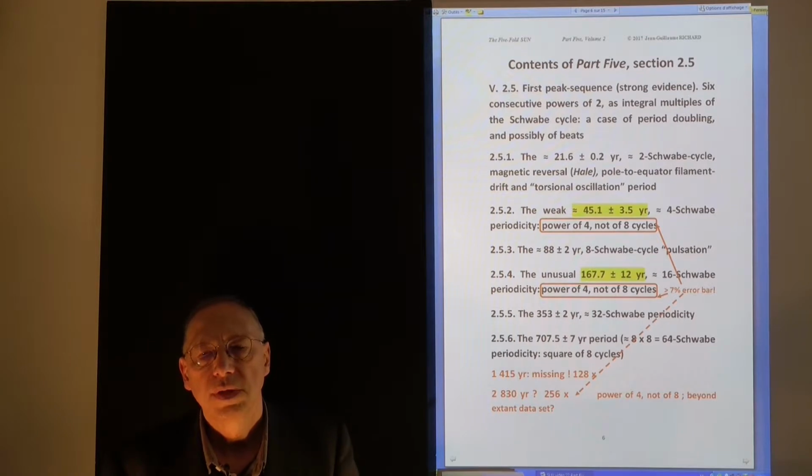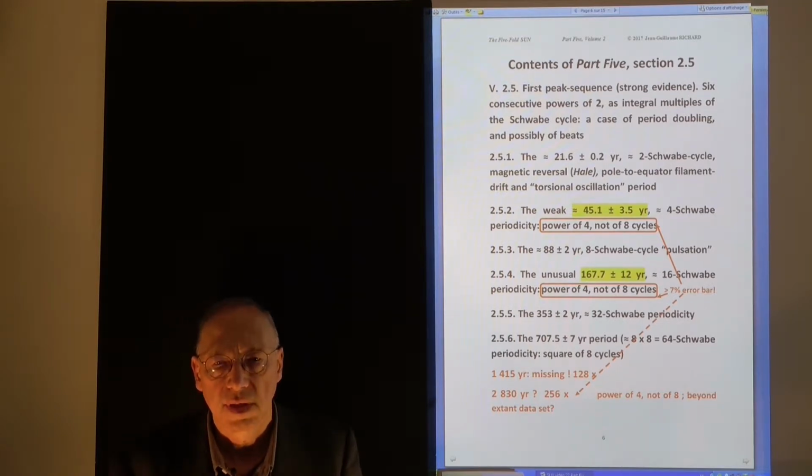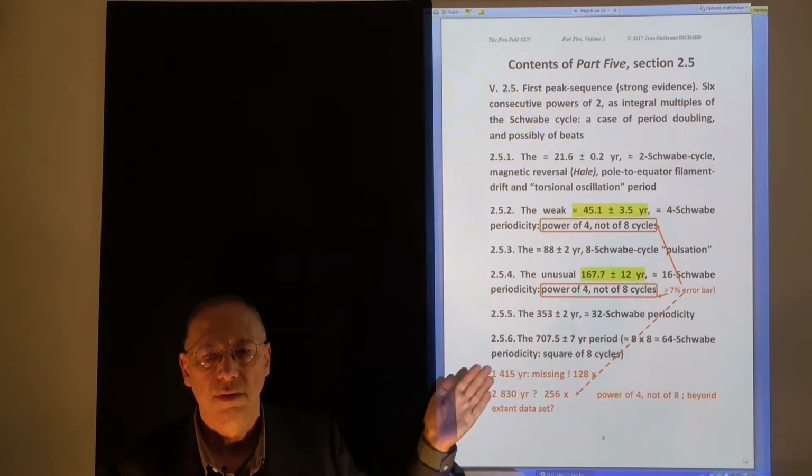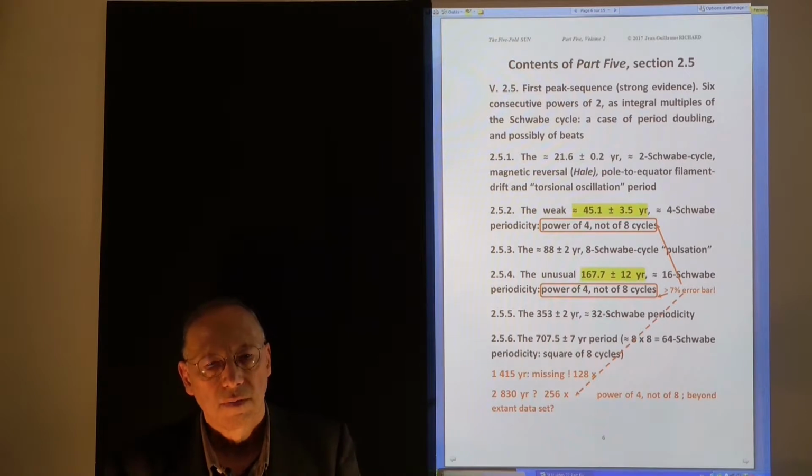One of the new pieces of information that we gather from the present investigation is in fact that we find, among the several fluctuations that are detected in this sequence of period doubling fluctuations, there are 2 powers of 4 which are not powers of 8, and the integral number of Schwabe cycles that they represent.